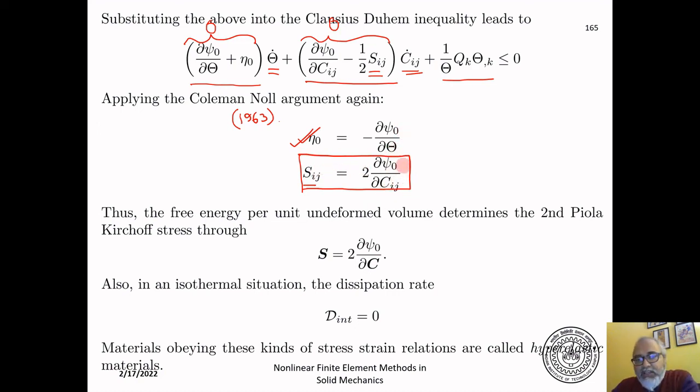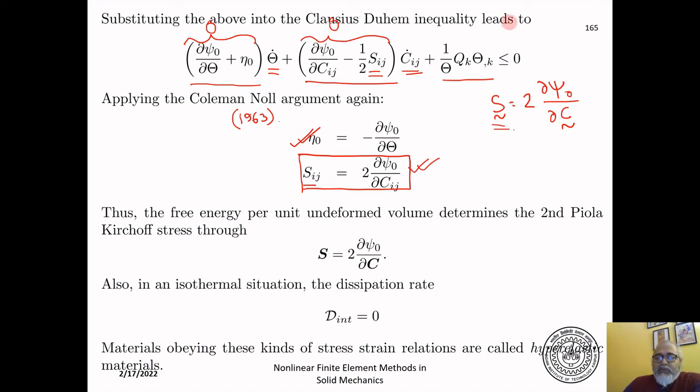So S, the second Piola-Kirchhoff stress, can now be derived in terms of a scalar potential, which is the free energy of the system, a function of C alone and possibly theta. If we take a derivative of the scalar potential with respect to C, we get the second Piola-Kirchhoff stress. So that is the lesson that we get from the Clausius-Duhem inequality.